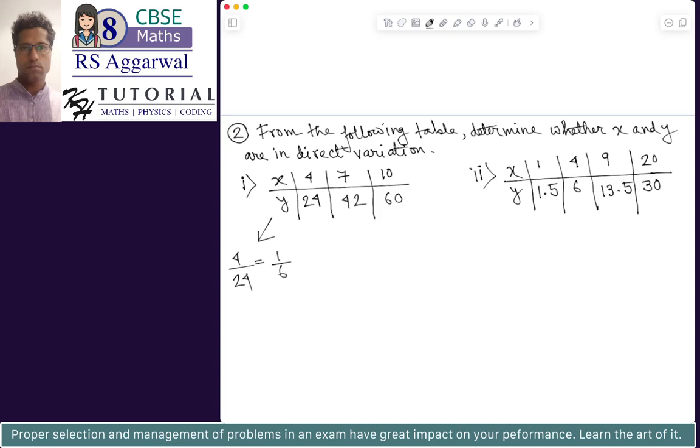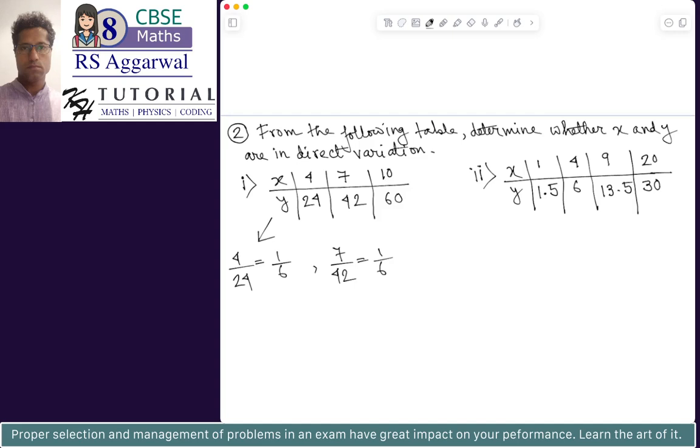Now what is the ratio x by y for the second set of values, that is 7 by 42? This is also equal to 1 by 6. So far, we can say that x and y are in direct variation, because the ratio x by y is coming out equal to 1 by 6.